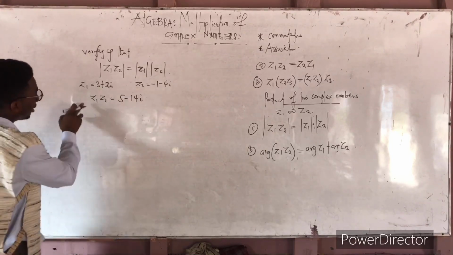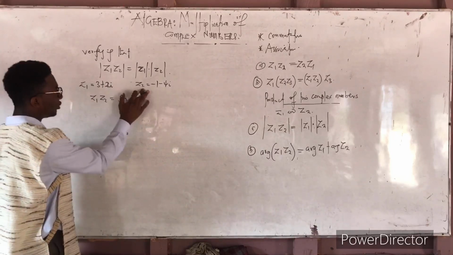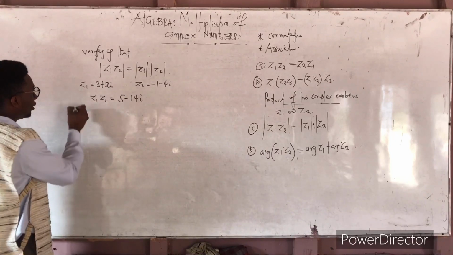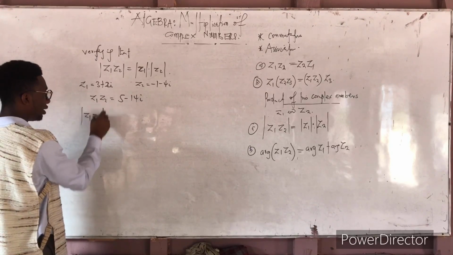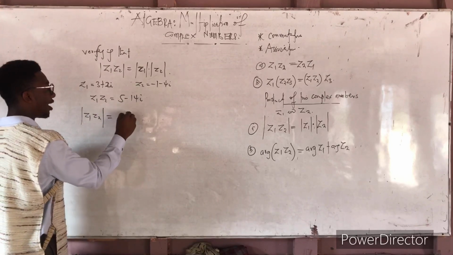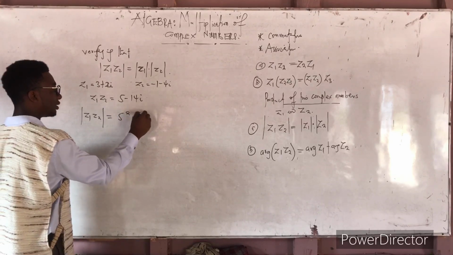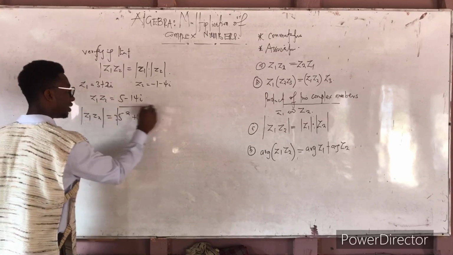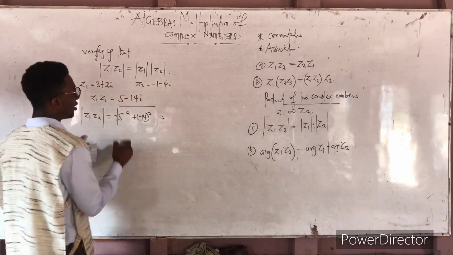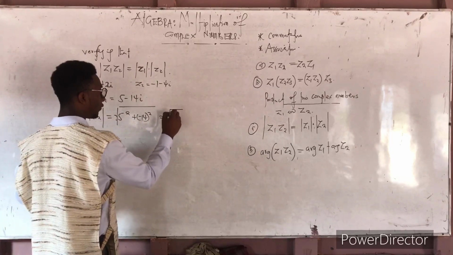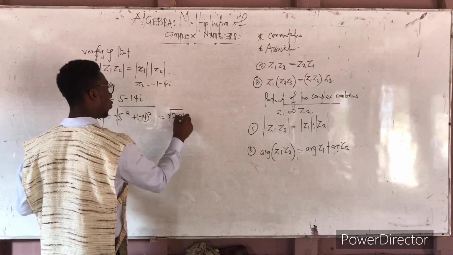So you can find the modulus straightforward: 5 squared plus negative 14 all squared, under root. We've already done the modulus, so I think you should get it. When you do this, you get root of 221.